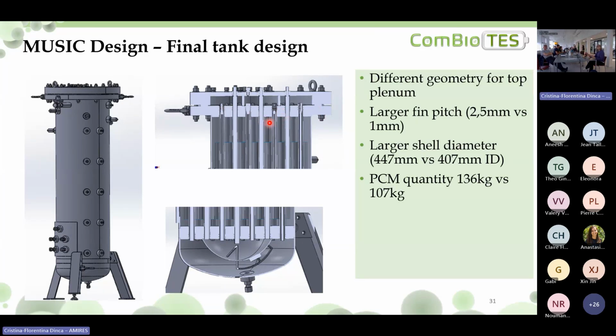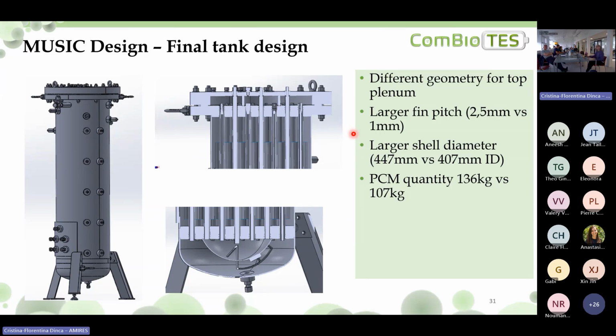In the initial design, we had noticed that the smaller the distance between tubes is, the better it is for energy recovery during discharge. And we wanted to have a fin pitch, so the distance between the fins of two adjacent tubes, of 1 millimeter. But due to manufacturing constraints, it was not feasible.